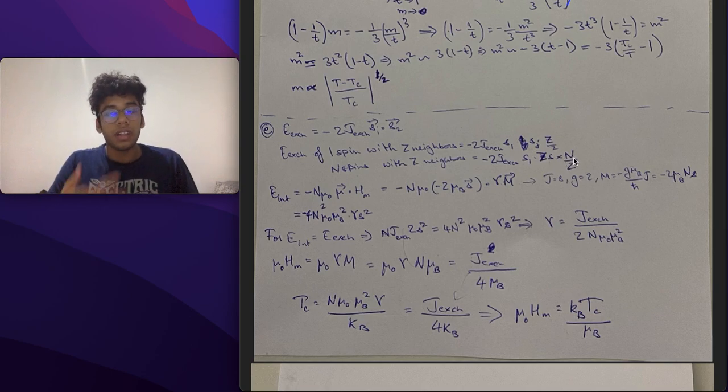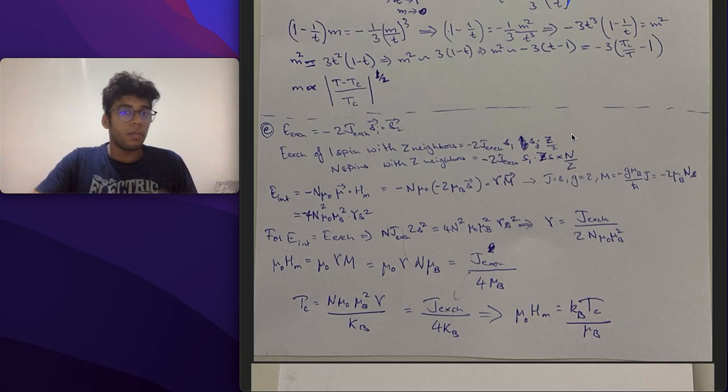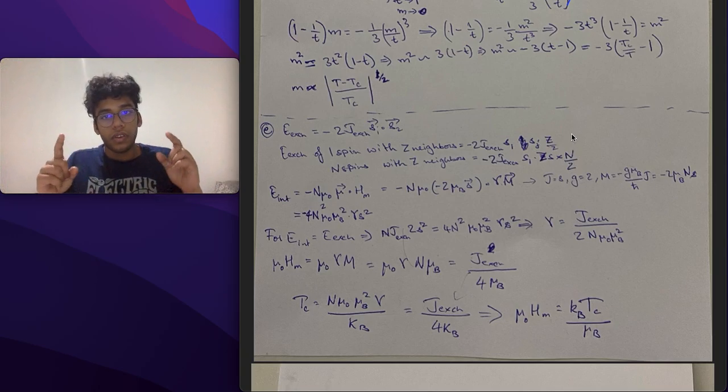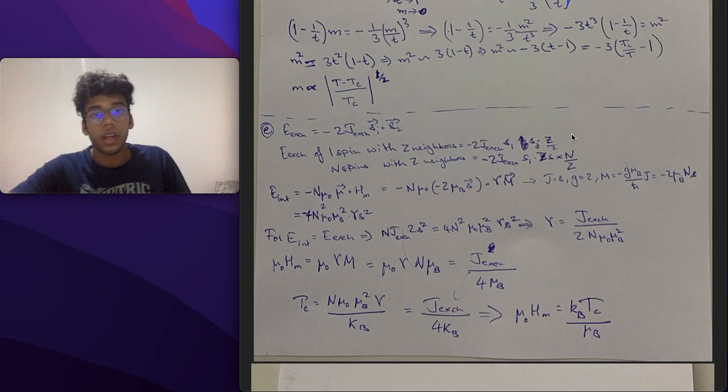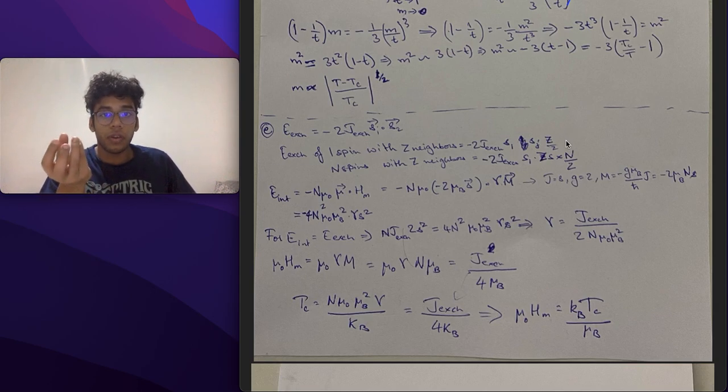This half factor in the equation comes because the exchange interaction is being considered only once, and you don't want to count it twice, because it is one interaction, one exchange energy for two things.